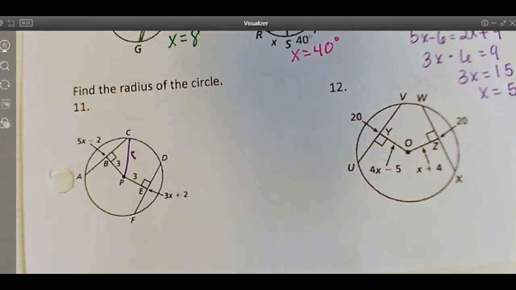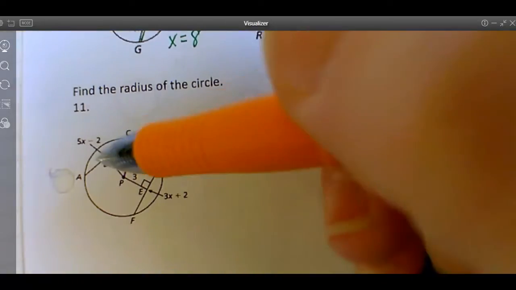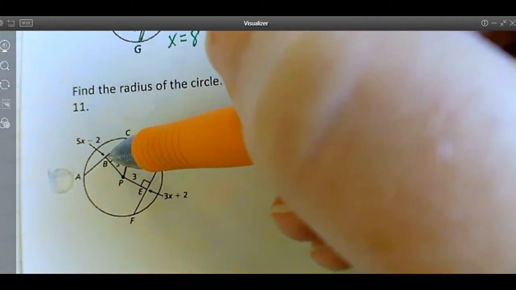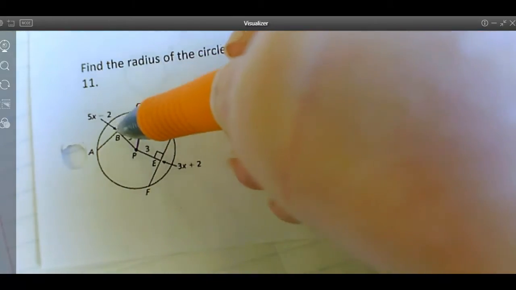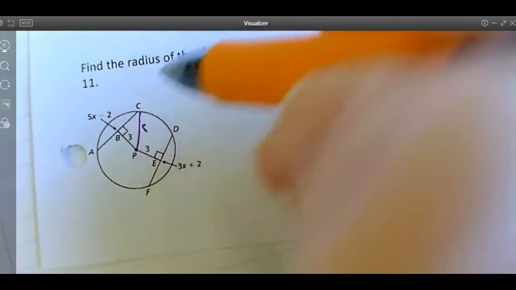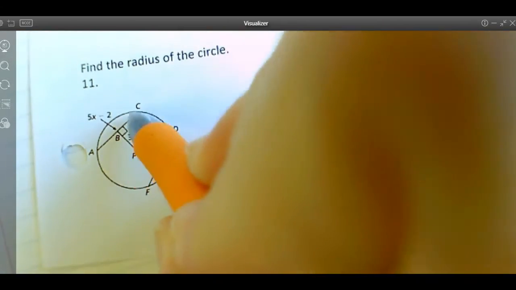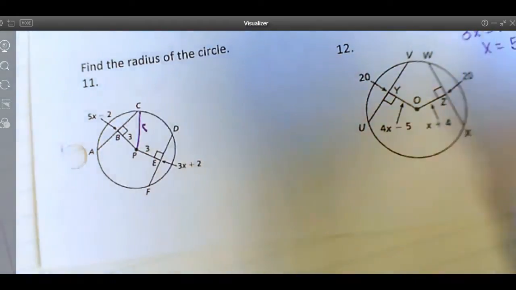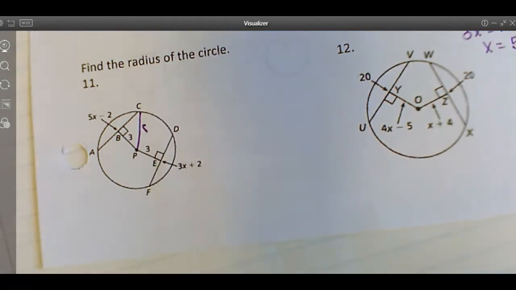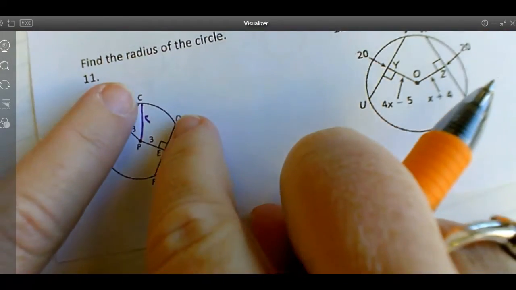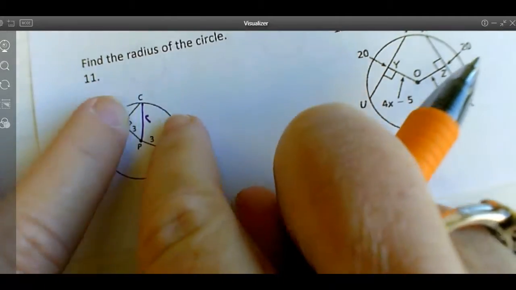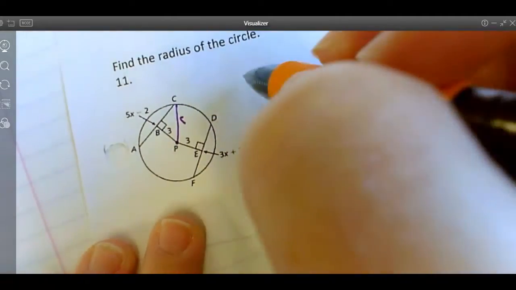Well, for us to find it, we're going to use the Pythagorean theorem, because this is a 90-degree angle. Okay? We know that this is 3, and if we can find this part right here, we can use the Pythagorean theorem to find r. So what we're going to do first, we're going to go ahead and set these two things equal to each other so that we can find x.